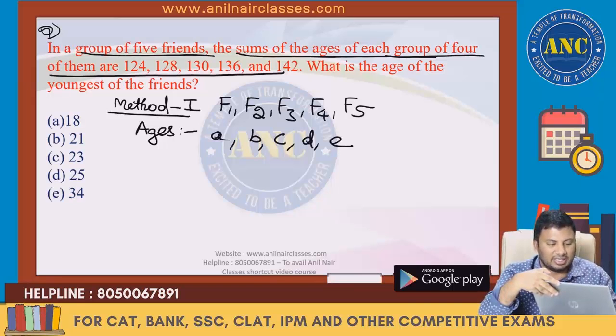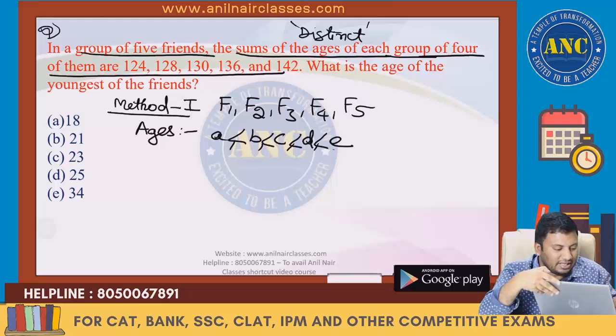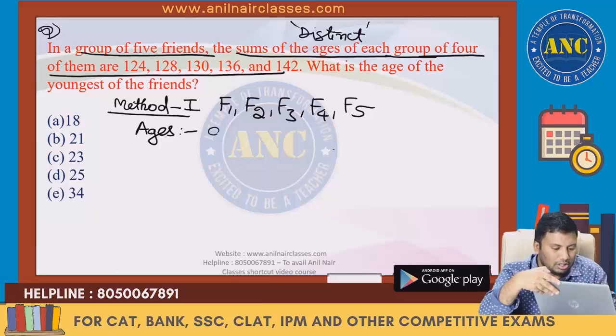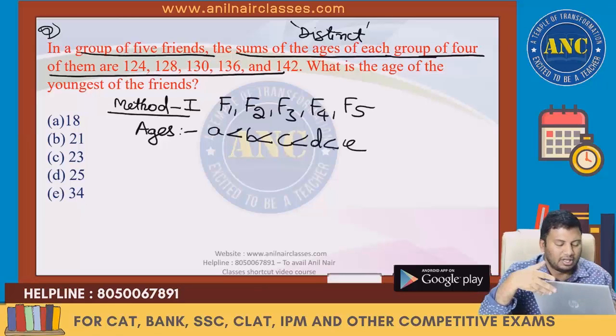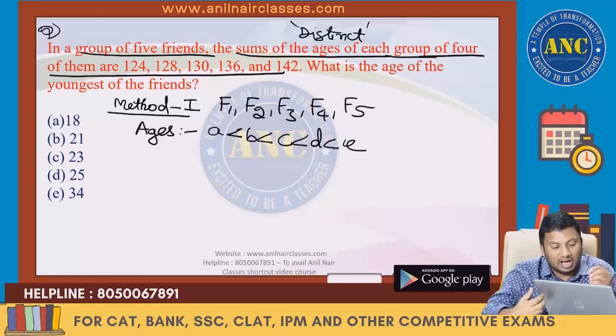If 5 friends are there, let us keep the ages distinct. All the ages are different. If all the ages are different, we can arrange them in ascending order: A less than B less than C less than D less than E. These are the ages of the 5 friends in ascending order.